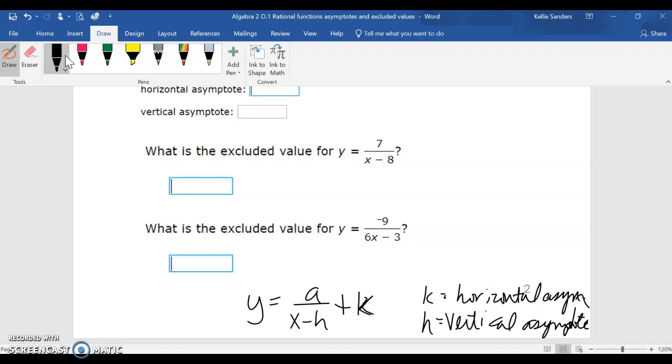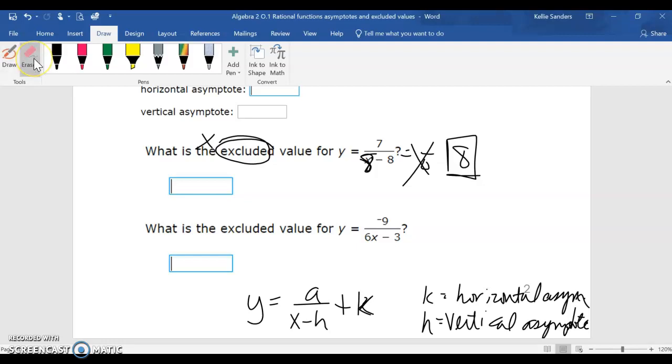So when it asks for the excluded value, it's asking for your x. What number, if we put it into this equation, would we not be able to do the problem? In this case, our excluded value is 8, because if we put 8 into x, 8 minus 8 is 0, which puts a 0 on the bottom, and we can't ever do that. So your excluded value is the vertical asymptote, and the vertical asymptote is basically what makes the bottom 0.